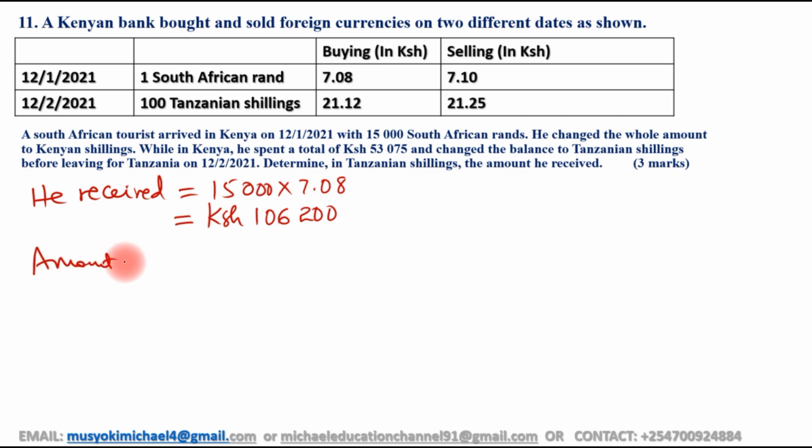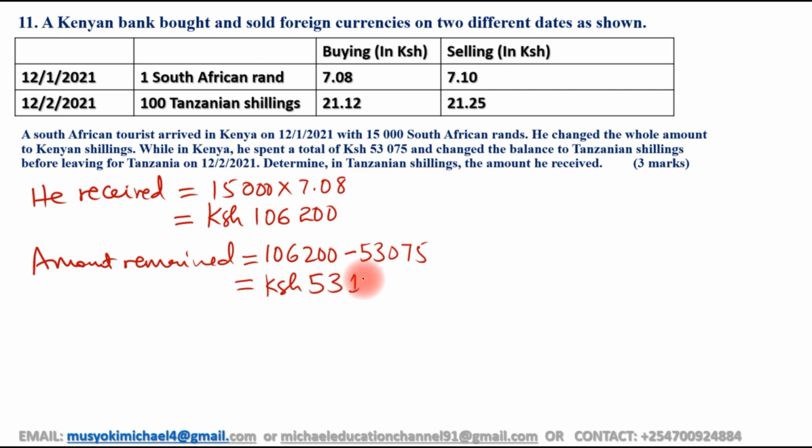While in Kenya he spent 53,075 shillings, so the amount that remained, we subtract the amount we actually spent from 106,200, which is 53,075, so we end up getting 53,125 shillings left.